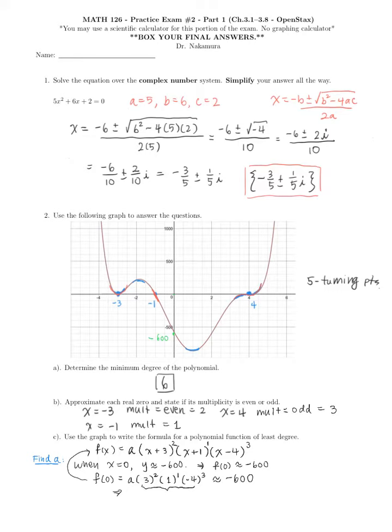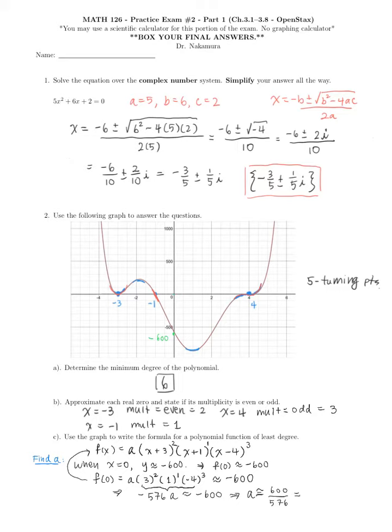So you can use your little scientific calculator if you like, but you should get negative 576 times the a is approximately equal to negative 600. So that implies that our a is approximately equal to negative 600 over negative 576. So that should give us a positive answer, 600 over 576.